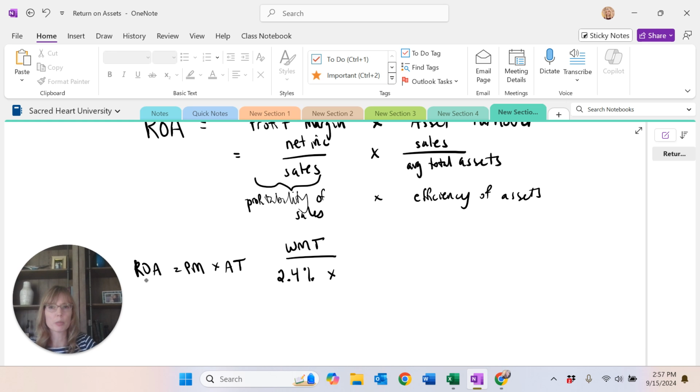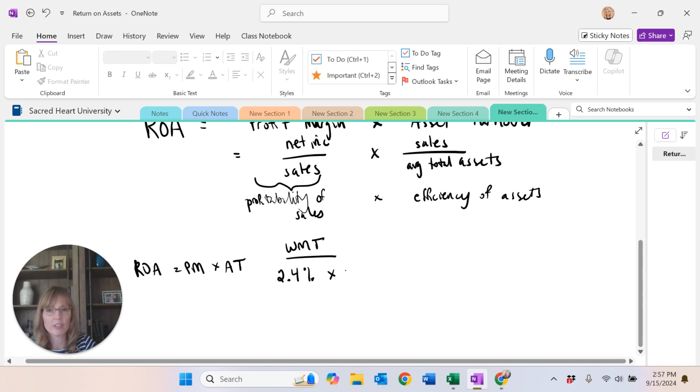The turnovers were number of times. Walmart's asset turnover was 2.59. This is not a percentage. This is a number of times. And when we take a percentage and multiply it by a number of times, we're going to result in a percentage. This works out to be 6.3%.